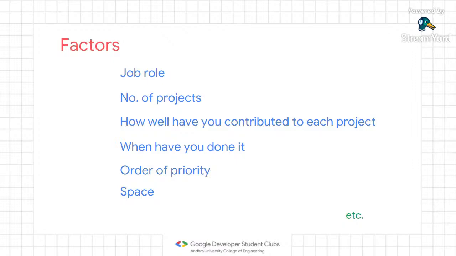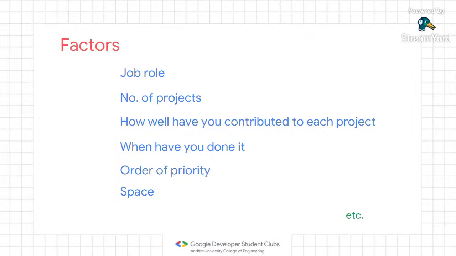Let's say you're part of a team of 4 members and you hardly did anything, you just gave them logos and stuff like that. That doesn't really add to an SD role if you're applying. So make sure you prioritize what you want to put on your resume and be authentic about it. When you have done it is one of the least important factors.